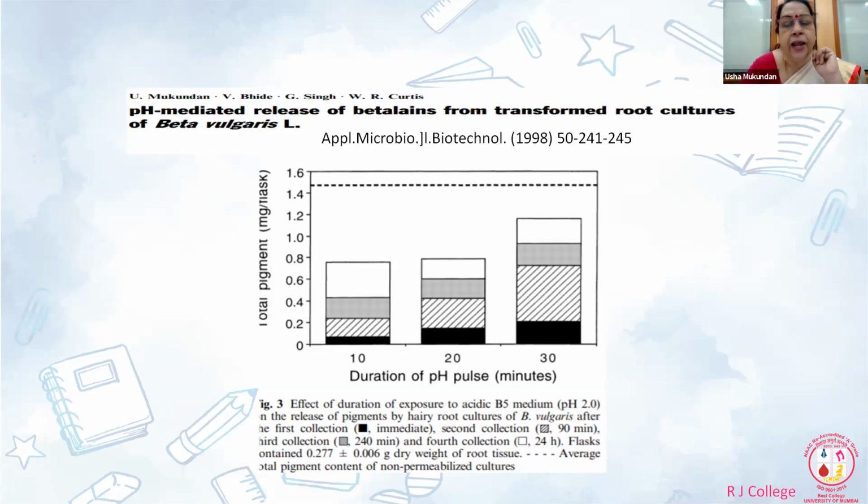At the same time, you could grow the biomass again by adding fresh medium. When you add fresh medium, those roots will start growing because they have meristems which are capable of renewed growth. So this experiment was very interesting for 2-3 reasons.